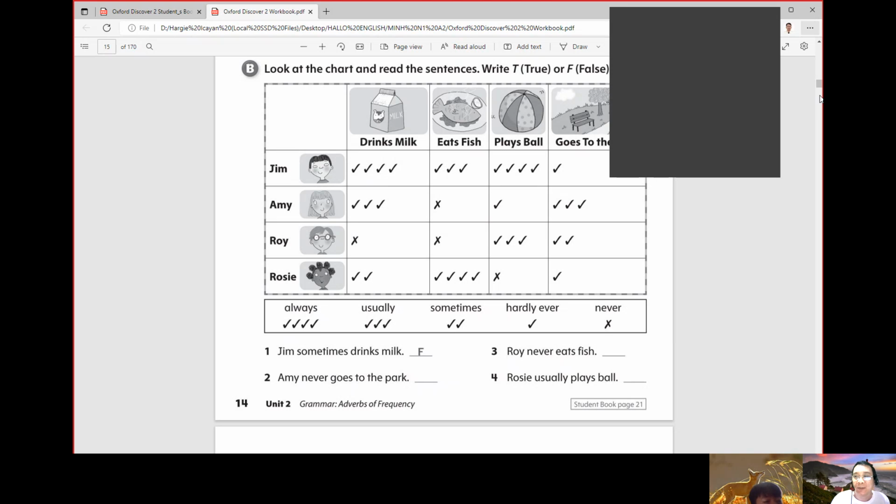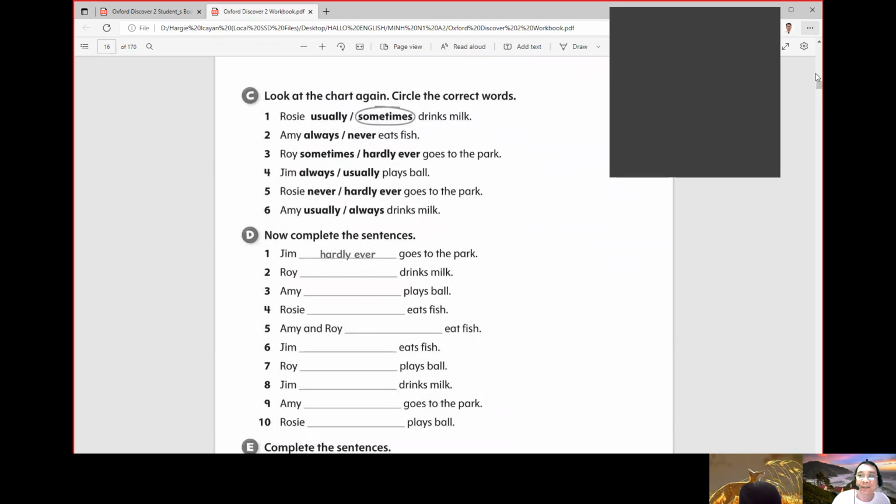And when you say adverbs, I hope you can remember that adverbs are words that describe a verb, an adjective, or another adverb. So that's an adverb. Okay, next.